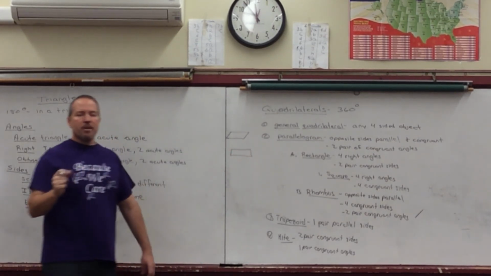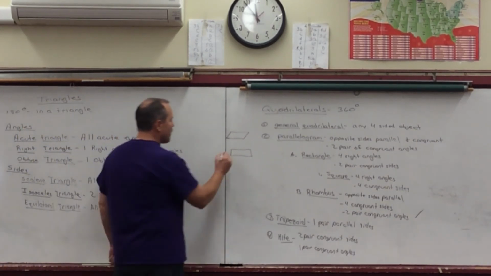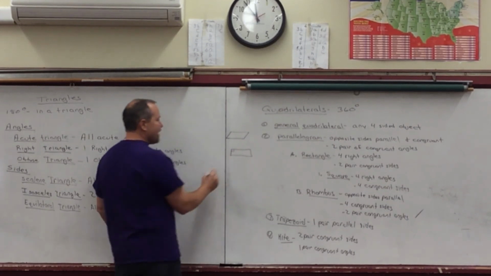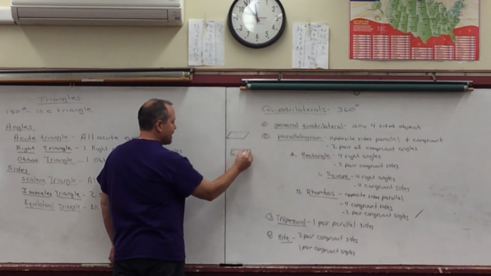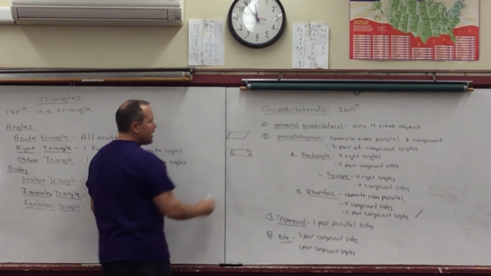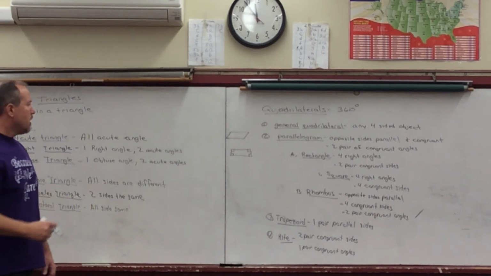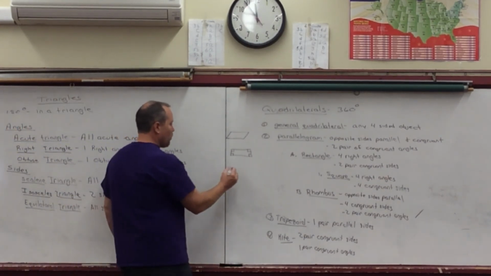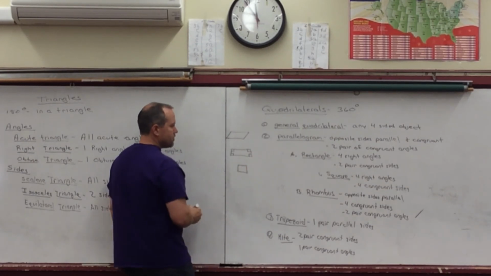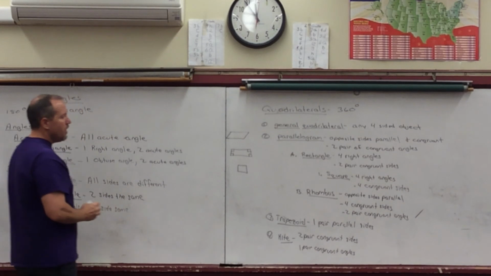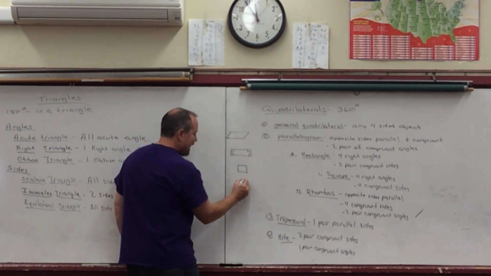The symbol they use to make sure you realize it is a rectangle, the symbol for a right angle, is a box in the corner. Anytime you see a little box like this, that means they are right angles. A square. We all know what a square looks like. A rhombus. A lot of times you'll see a rhombus drawn like a diamond.